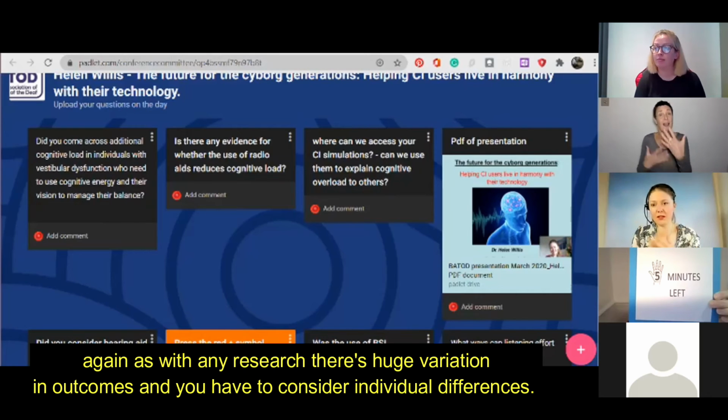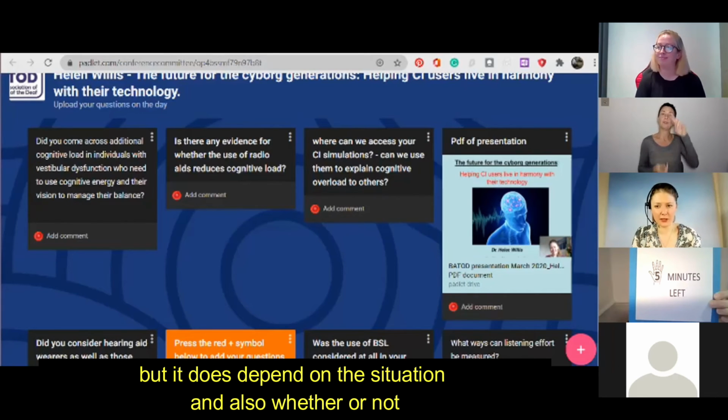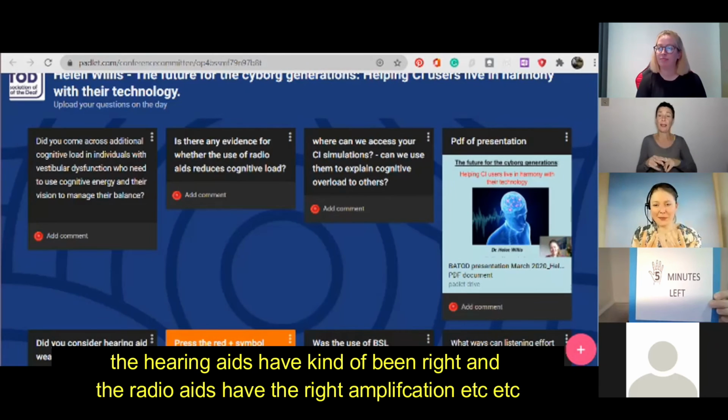As with any research, there are huge variations in outcomes, and you have to consider individual differences. But overall, the general findings tend to be that yes, radio aids do help to reduce cognitive load, but it does depend on the situation, and also on whether the hearing aids are programmed right and the radio has the right amplification, and so on.